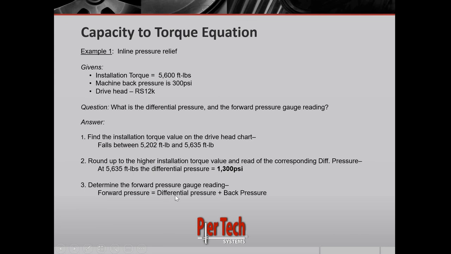You will simply add the differential pressure to the back pressure. So 1,300 psi plus 300 psi gives you a forward pressure gauge requirement of 1,600 psi. One check is that your forward pressure should always be the highest reading when you're going into the ground. Back pressure should always be the lowest reading, and the differential pressure should be in between the two.